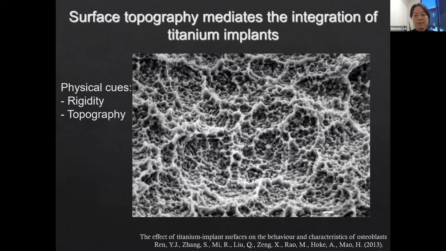This image is an SEM image of a titanium implant, a picture directly from a company, of an implant that is going into a patient.